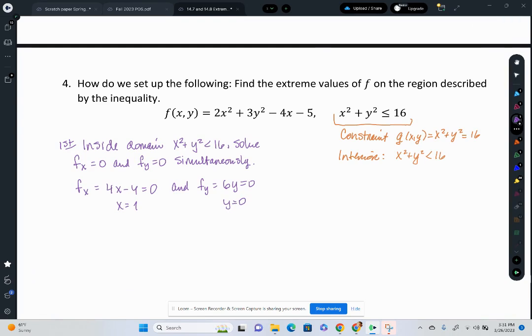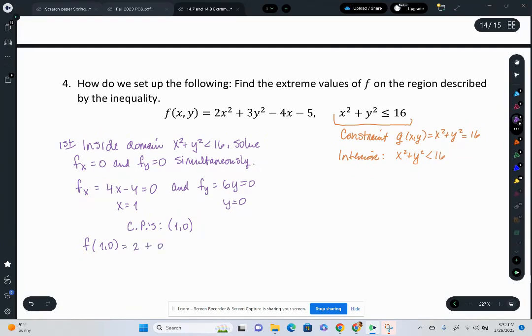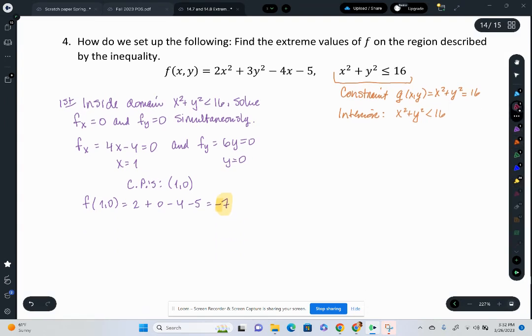Remember we want these two equations to be satisfied simultaneously, so the critical point that we get is the ordered pair 1, 0. Then I want to know what is our function value at 1, 0. Well, it's going to be 2 plus 0 minus 4 minus 5, which is -7. And I'll just highlight that, because remember, we're going to go through and pick the largest and the smallest to be our absolute max and min. All right, next part, second, is to deal with the boundary.